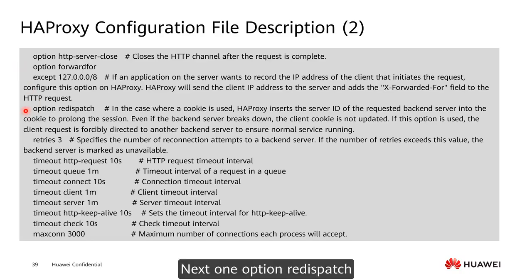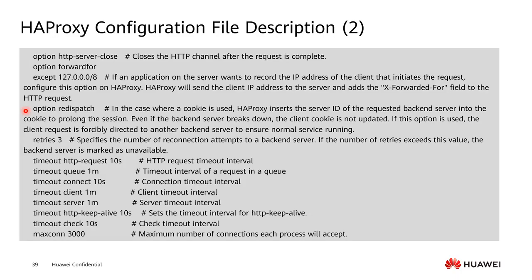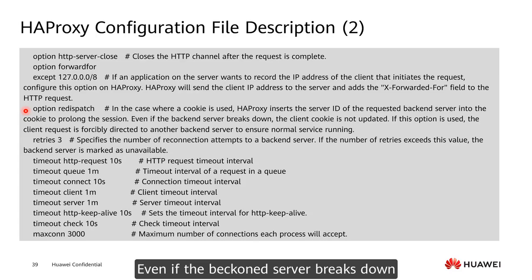Next one, option redispatch. In the case where the cookie is used, HAProxy inserts the server ID of the requested backend server into the cookie to prolong the session. Even if the backend server breaks down, the client cookie is not updated.